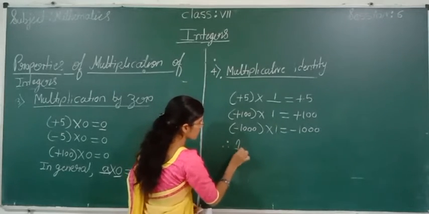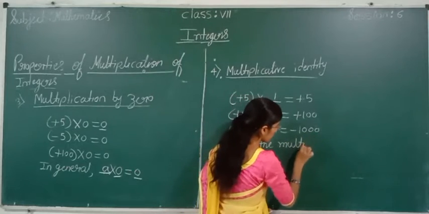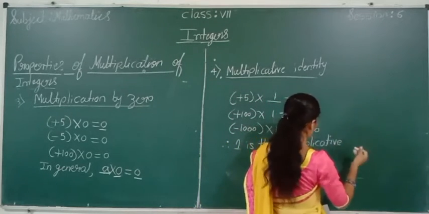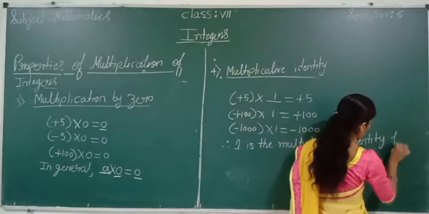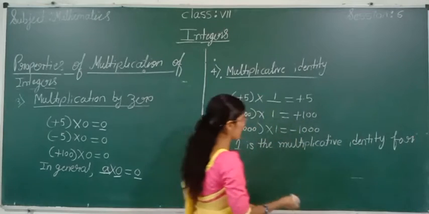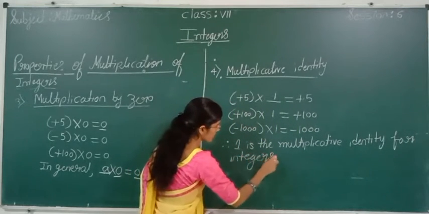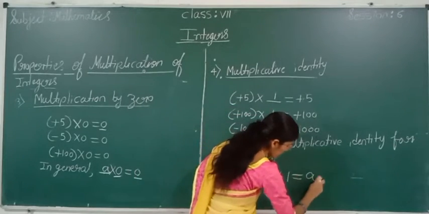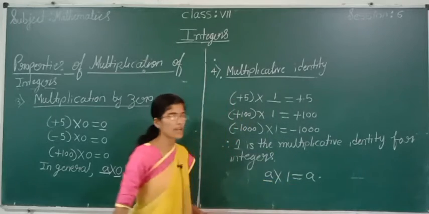Therefore, 1 is the multiplicative identity for integers. In general, what we can tell, a into 1 is nothing but a. If a is an integer, a into 1 is a.